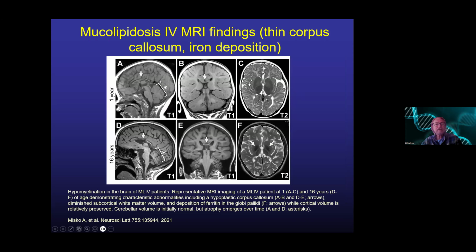And what they get over time is they start off with a thin corpus callosum, and their cerebellum is pretty preserved, and that will shrink over time. And then they get iron storage in their globus pallidus.